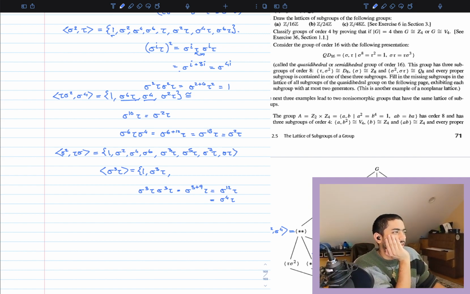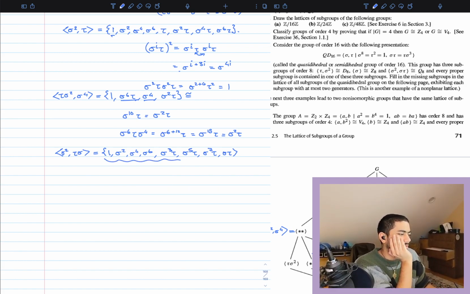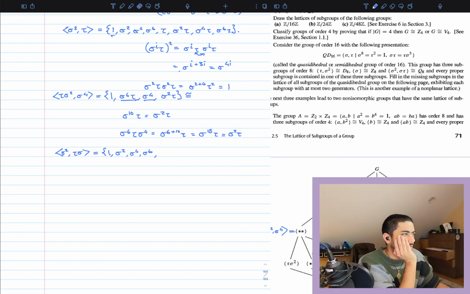Huh. Okay, I think I need to be a little bit more careful when looking at this group. I don't think it's this clear cut. Certainly this is all in the group because we've got sigma squared. Certainly this is in the group. So let's start with that, right? And let's maybe keep it in the tau sigma ordering.